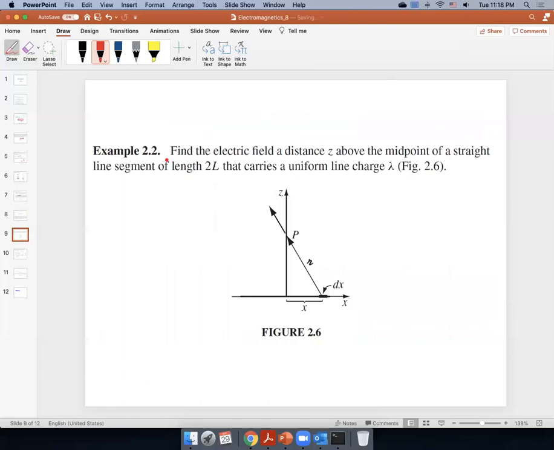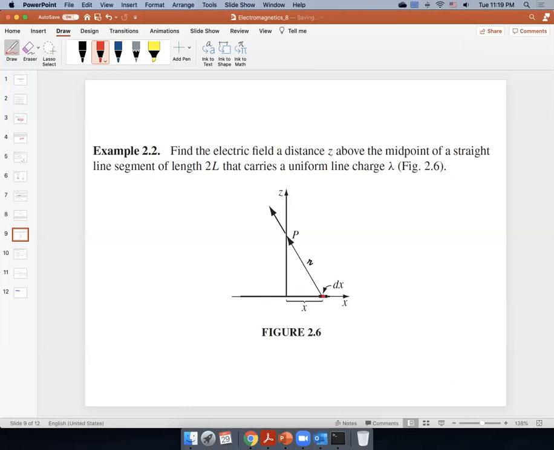Now, let's do another example. This example is about the line distribution calculation for a continuous charge distribution. Find the electric field at a distance z above the midpoint of a straight line segment of length 2L, which carries a uniform line charge lambda.